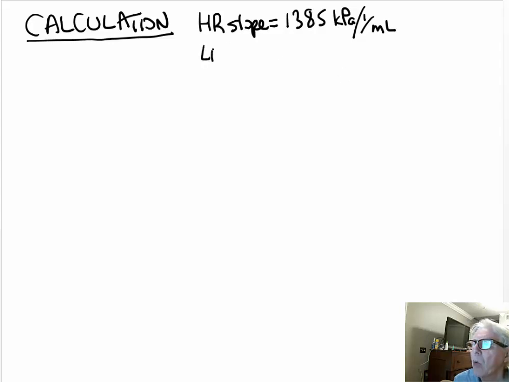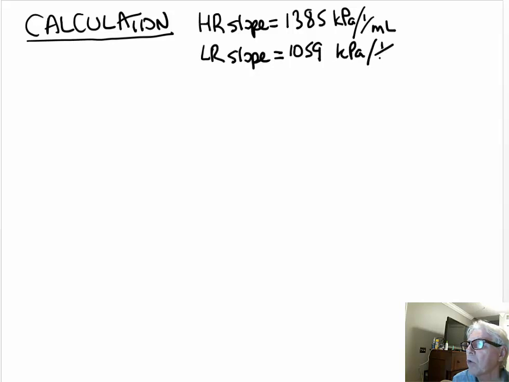And our lowest reasonable slope from our graph was equal to, I've got it written down here somewhere, 1059 kilopascal per 1 over milliliters.